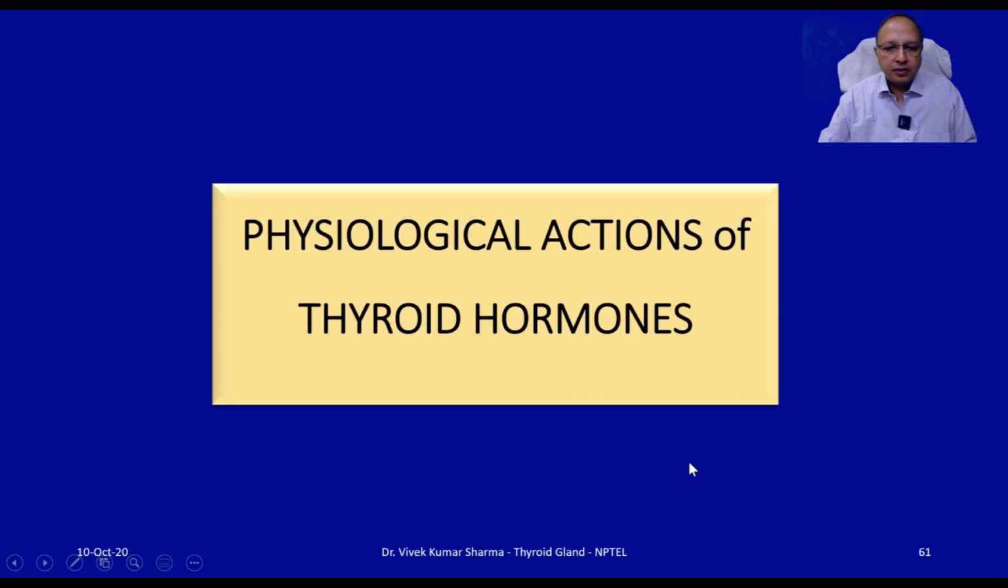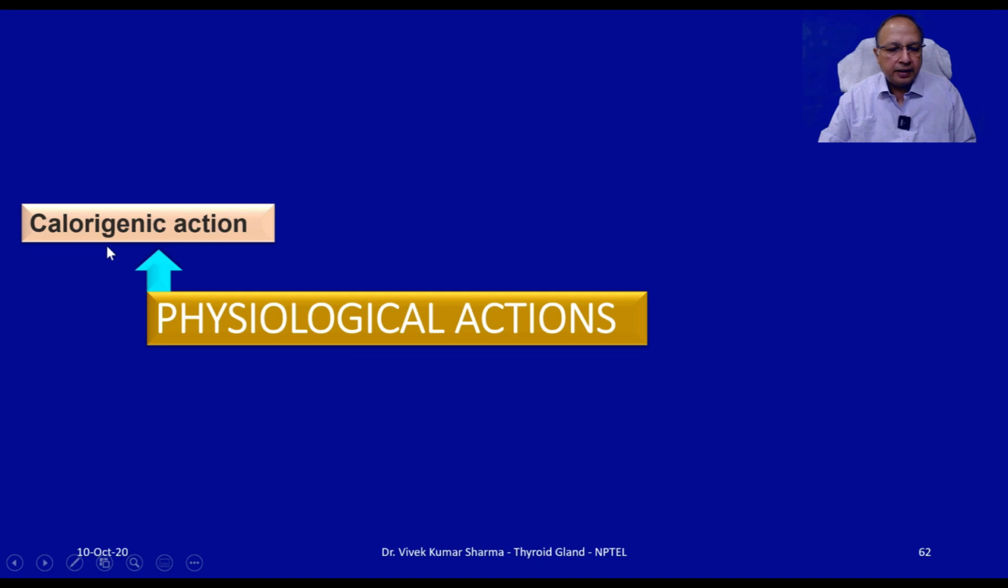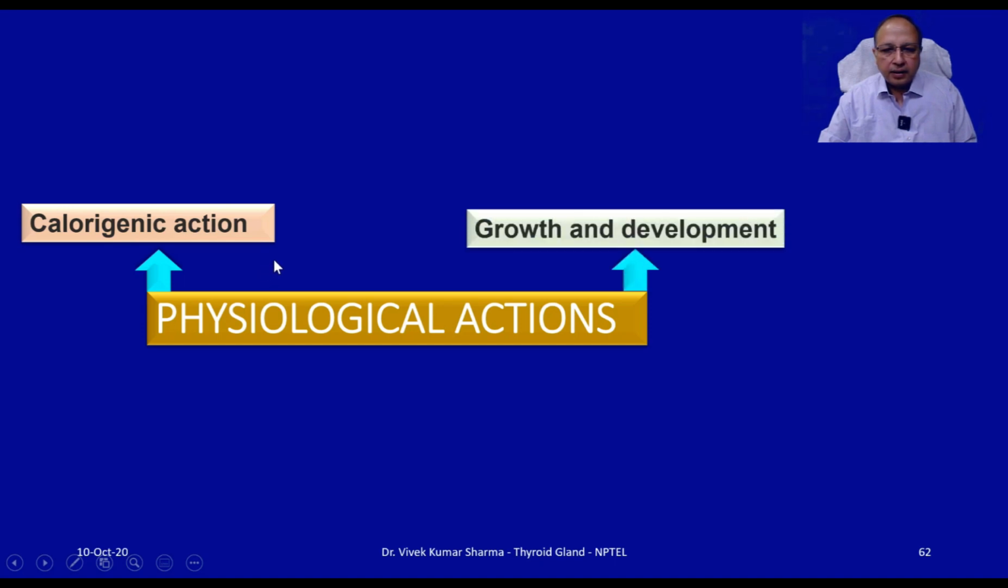Now coming to what are the physiological actions of the thyroid hormones. Number one action is that it maintains the basal metabolic rate of the body. So it has the calorigenic action, it increases the oxygen consumption within the body. Then it is also instrumental along with other hormones like growth hormone at the time of puberty.